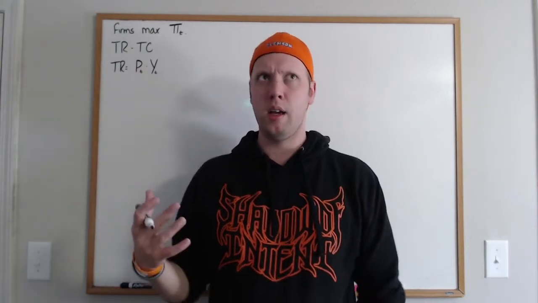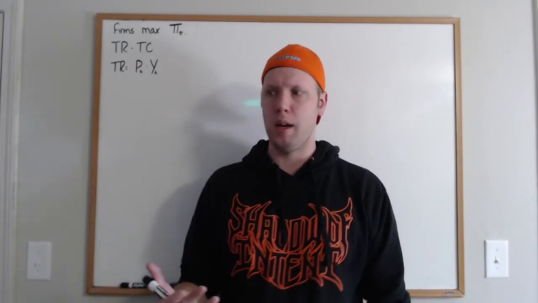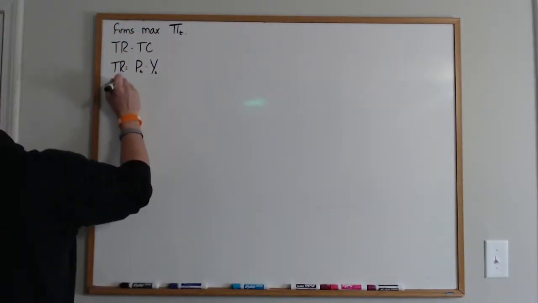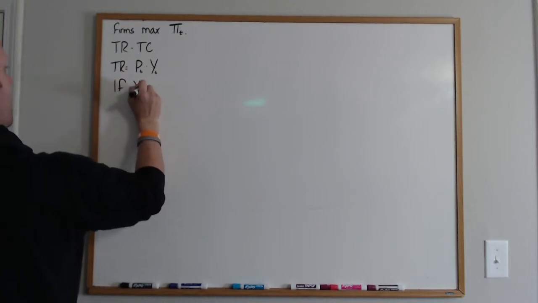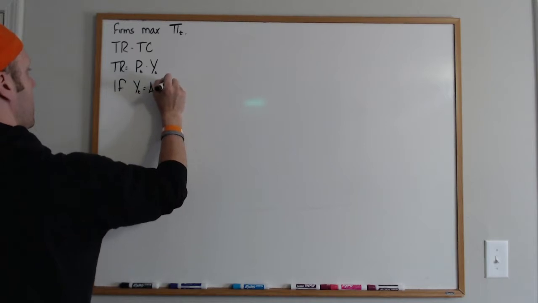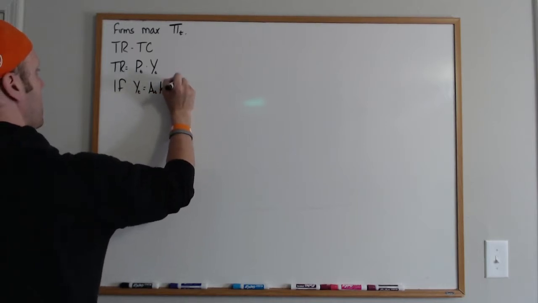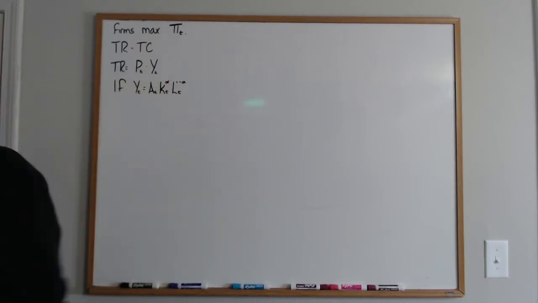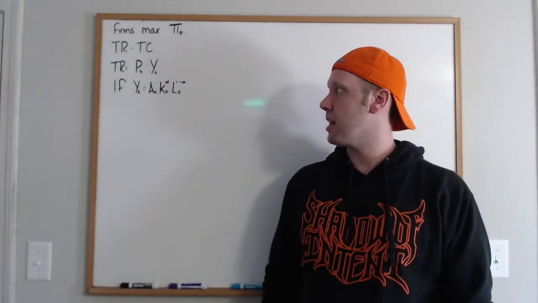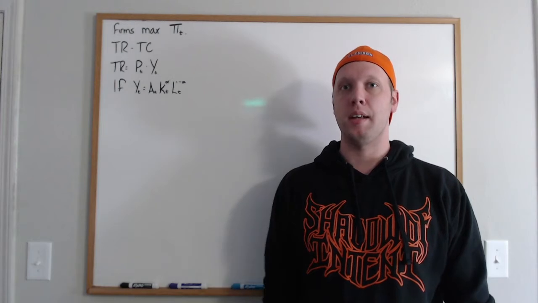Right? Well, how do we account for how many units of the product that we make? Well, that's described by the production function. Gives us this right here. Y equals A times K to the alpha times L to the 1 minus alpha.